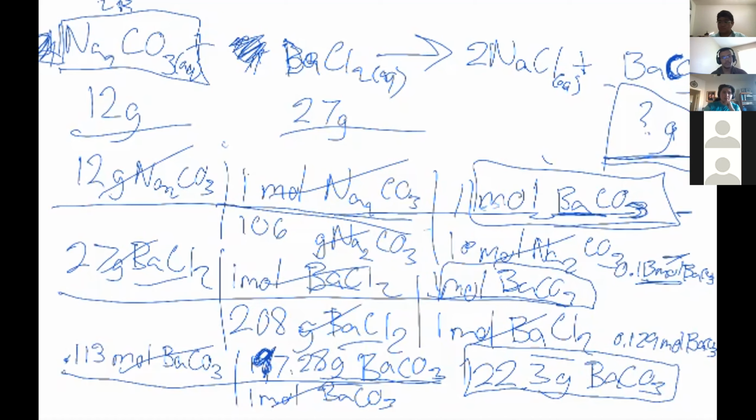So the answer was the limiting reagent and the 22.3 grams. Yes. Sometimes they're compounded questions. Like question 7 will ask what's the limiting reagent from sodium carbonate and barium chloride, which we figured out as sodium carbonate.